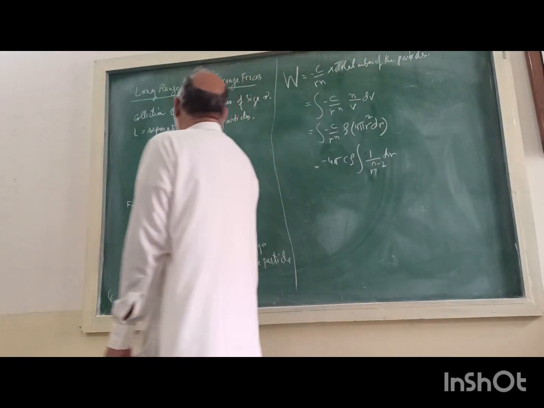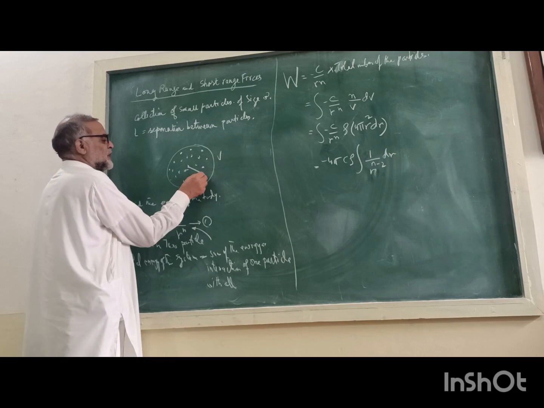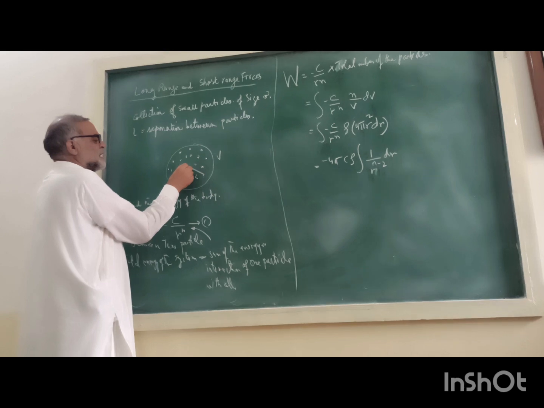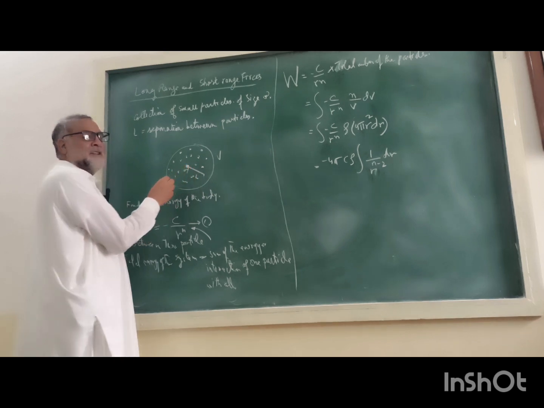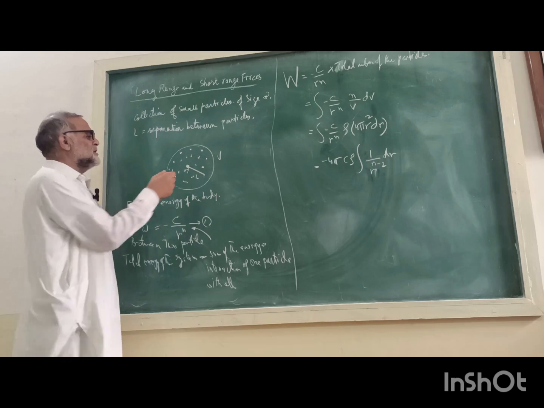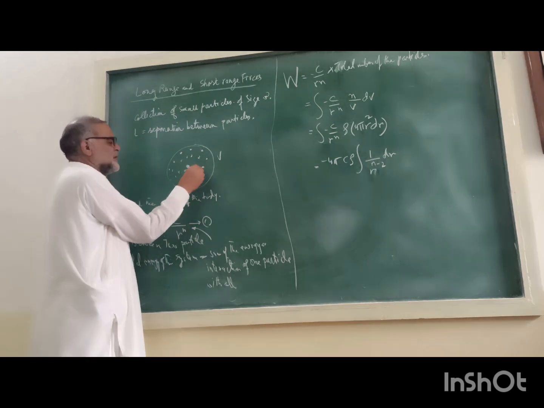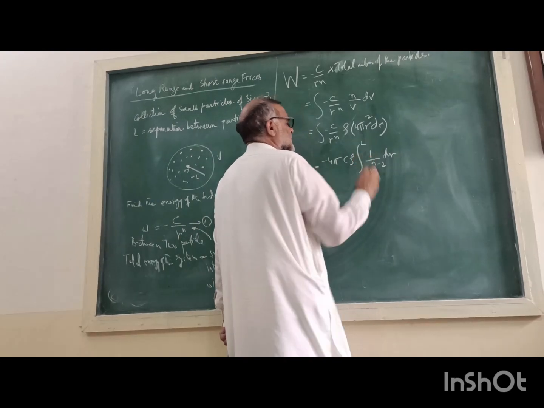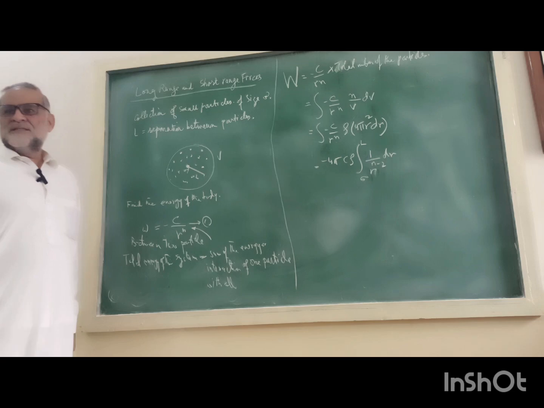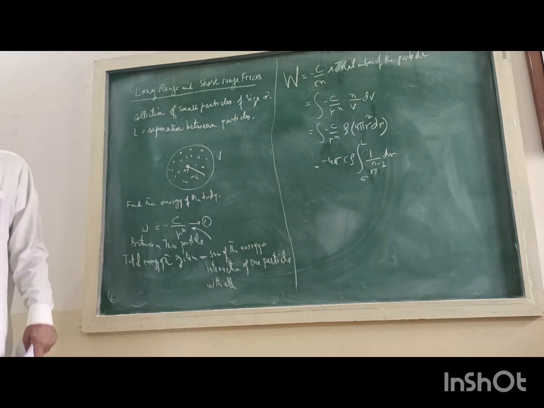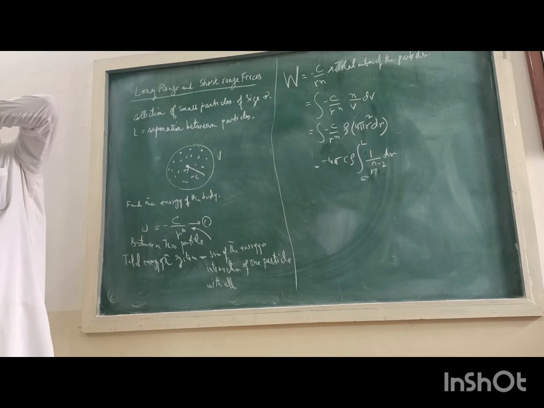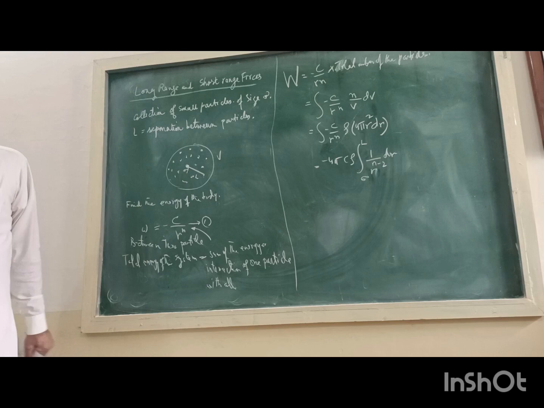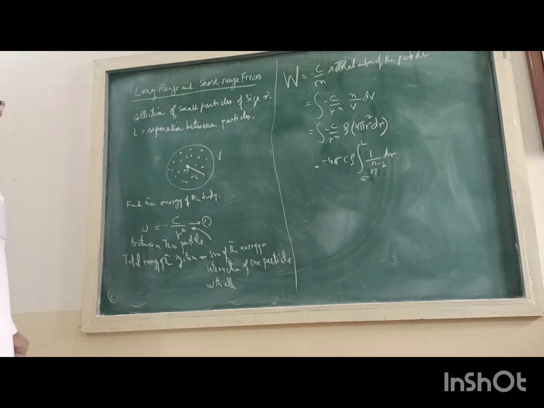The limit of integration starts from sigma, because sigma is the size of the particle, and this is the separation. So we cannot integrate inside the size of the particle. It goes from sigma to L. The minimum distance is sigma, when the two particles are closely attached to each other, and the maximum distance is some L, which we have considered as the separation.